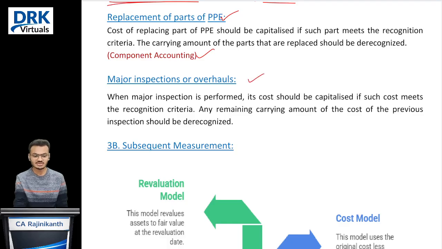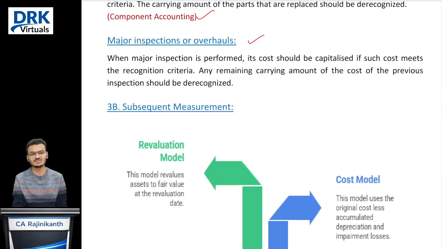And major inspection and overhaul. Some machines and assets require a major inspection or overhaul after a specific period of time. We should consider this major inspection or overhaul as one of the components of that asset and do component accounting. Same as component accounting; we just need to treat the major inspection or overhaul as a component.